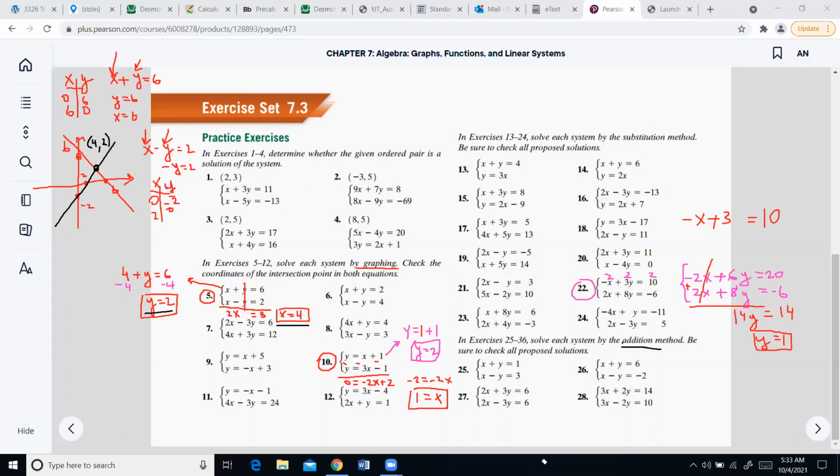So if I plug 1 here, instead of y, I'm going to get minus x plus 3 is equal to 10. And then I subtract 3 on both sides. Subtract 3 here and here. So my minus x will be 7. And x will be negative 7.